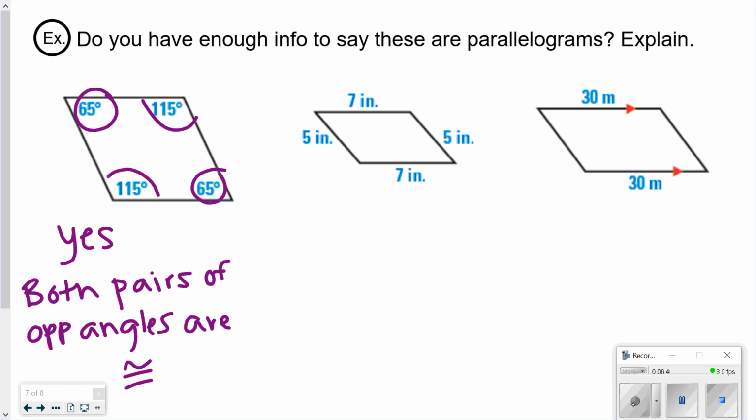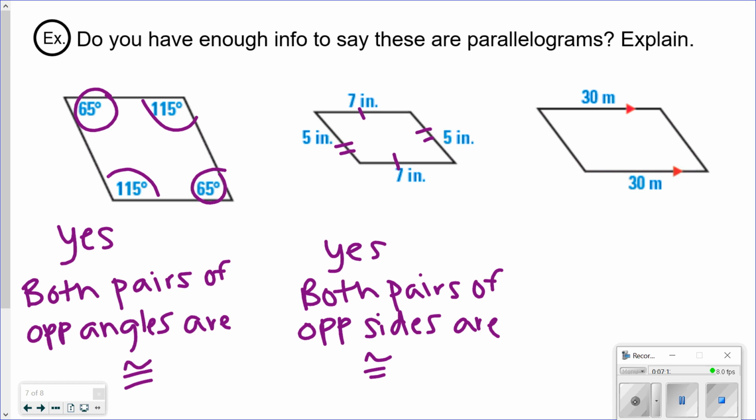Let's look at the second one here. Is this enough information to prove that this quadrilateral is a parallelogram? Yes or no? The answer is yes. And why? Well, in this case, we're given the side lengths. We know this is 7 and this is 7. We know this is 5 and this is 5. So we know that both pairs of opposite sides are congruent.